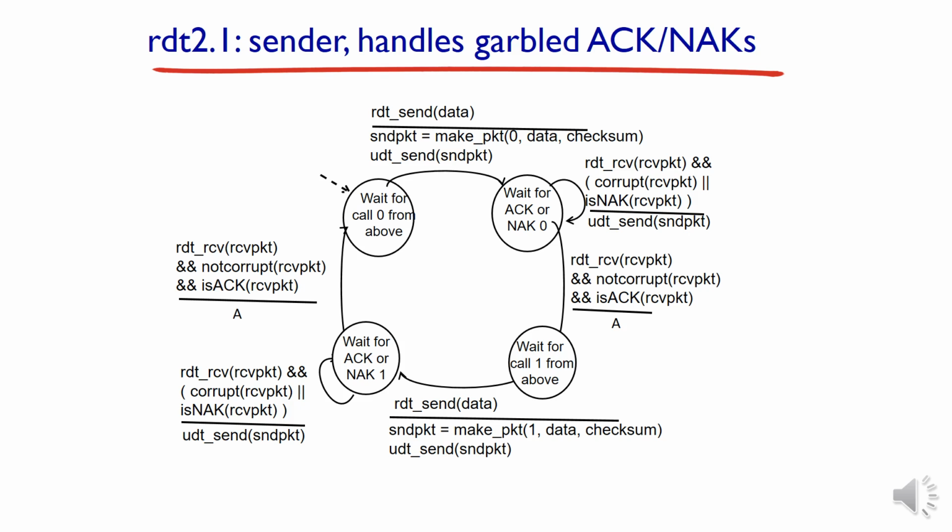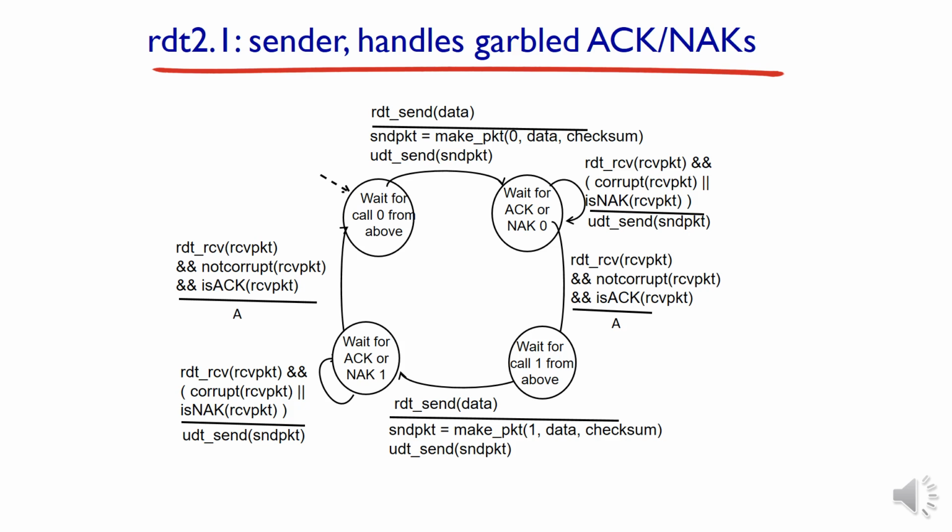There we had some issues, like what if the ACK or NAK is corrupted. There was no solution for corrupted ACKs or NAKs to be handled. If an ACK or NAK is wrongly received at the sender, then the sender is unaware of it, so it will retransmit the same packet.